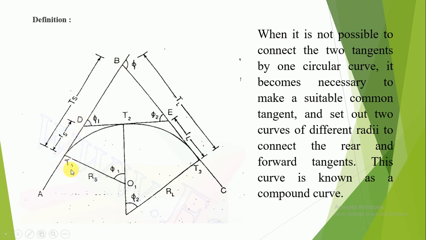So unless we calculate the BD or BE distance, we will be unable to calculate the chainage of T1, the chainage of T2, which we call the point of compound curvature, and the chainage of T3.